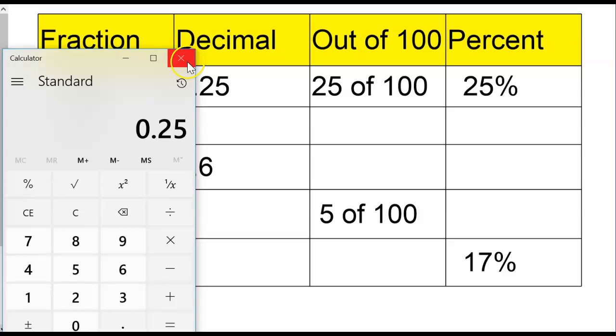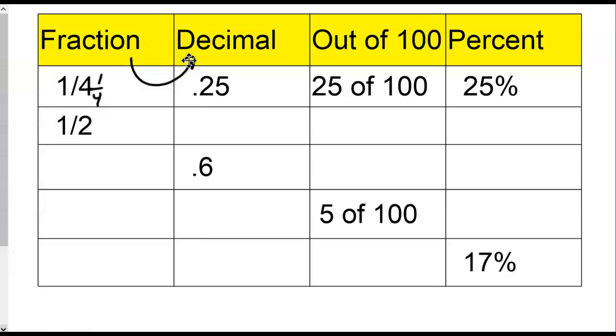I can also look at this, and knowing that it is a percent, and what we heard about percents, it has to do with a number out of 100, I'll look at this and say that I have 25 out of 100 of something. One of the ways that I can do that is to look at my decimal.